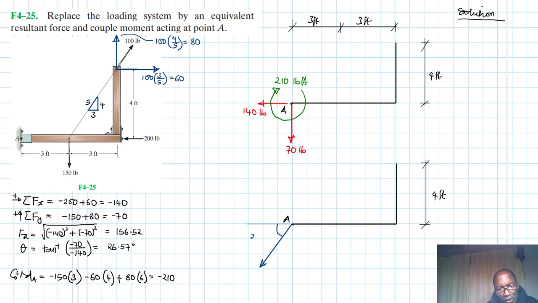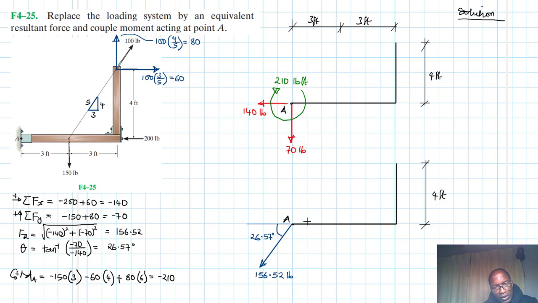And this angle is 26.57, right? And then this particular resultant, we found it to be equal to 156.52 pounds.